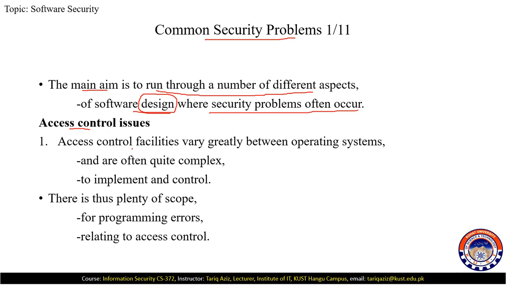The first thing is that access control facilities vary greatly between different operating systems, and they are quite complex to implement and control. So that's why there is plenty of scope for programming errors relating to access control. This is the main reason.